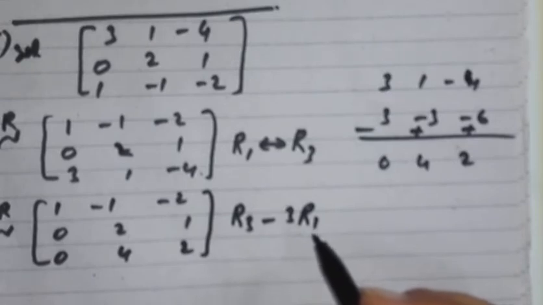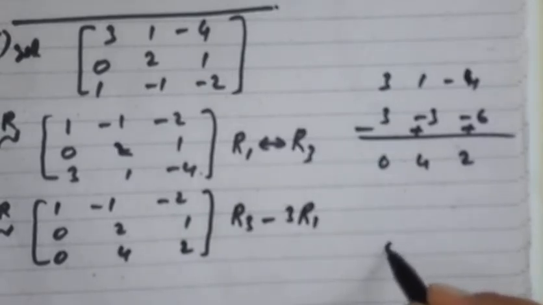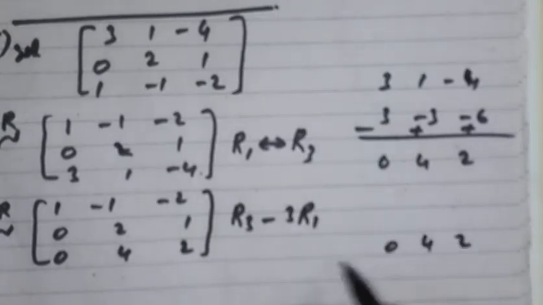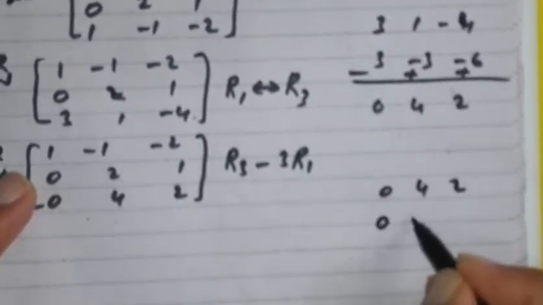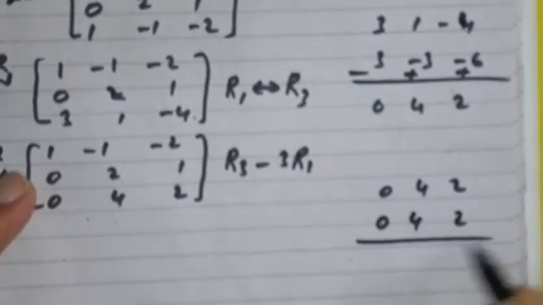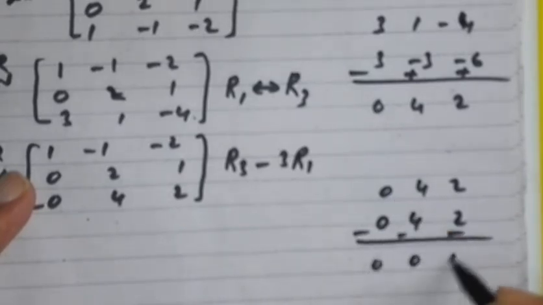Now subtract 2 times row 2 from row third. Here, look at here, row third is 0 4 2, and multiply row second with 2. 2 zeros are 0, 2 twos are 4, and 2 ones are 2. Subtract it. So here we get 0 0 and 0.